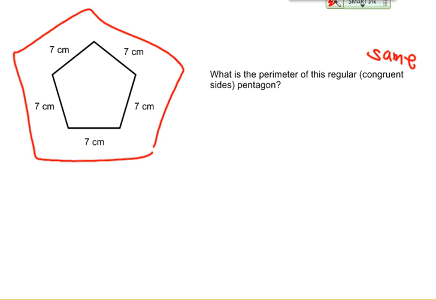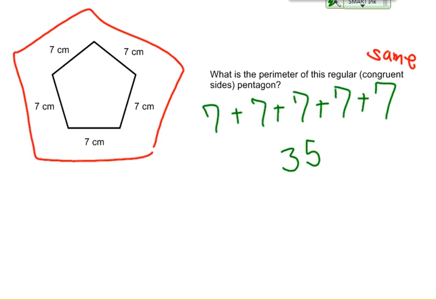Now there's 2 ways you can solve this idea. All right, because all the sides are the same, we can add them all together. 7 plus 7 plus 7 plus 7 plus 7. 5 sides, 5 7s. Add them all together and you'd get a quick answer of 35. And of course, then we want to make sure we have a label because we do have a distance there.